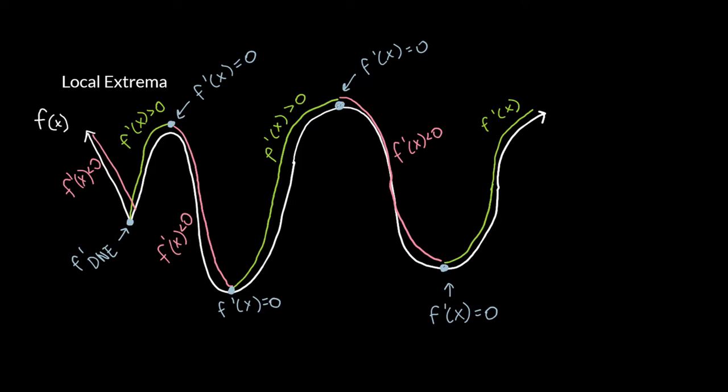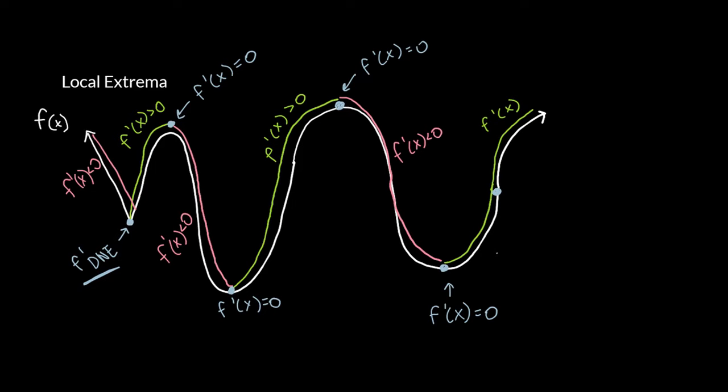So whenever we have a curve where the slope switches from negative to positive or positive to negative, we would have a horizontal tangent line there, so the derivative is equal to 0 at that point where the graph changes direction, unless we have a cusp, like what happens here, unless the graph is not smooth. And then also right here, something kind of strange happens because the graph becomes vertical.